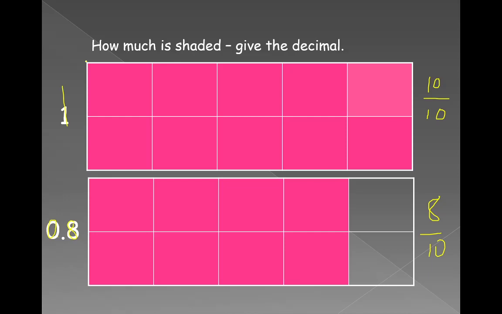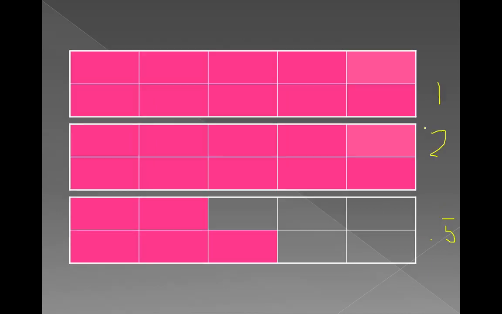And then we've got 1, 2, 3, 4, 5. 0.5. And if we add that all together, this would be another 1. So 2.5. Easy, right?